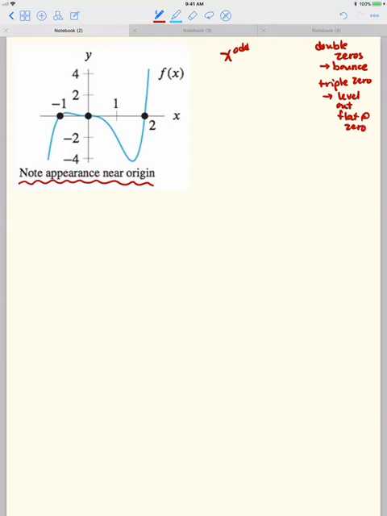And that's what's happening here at 0. This leveling out is actually going to be a triple root, and we'll count that 0 3 times. So we do have 1, 2, 3, 4, 5 zeros. It's just one of them is going to be a triple root.